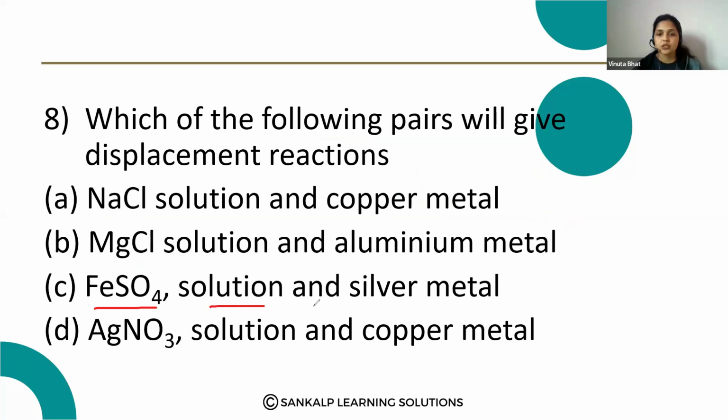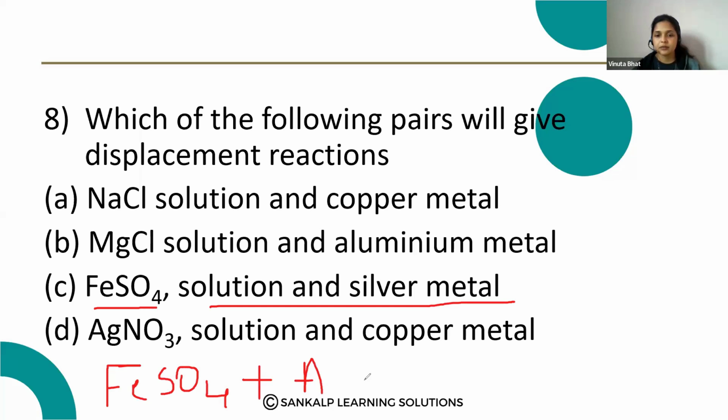Ferrous sulfate solution and silver metal. Just see the option: FeSO4 plus Ag. Here, Ag is not able to form Ag2SO4 plus Fe.